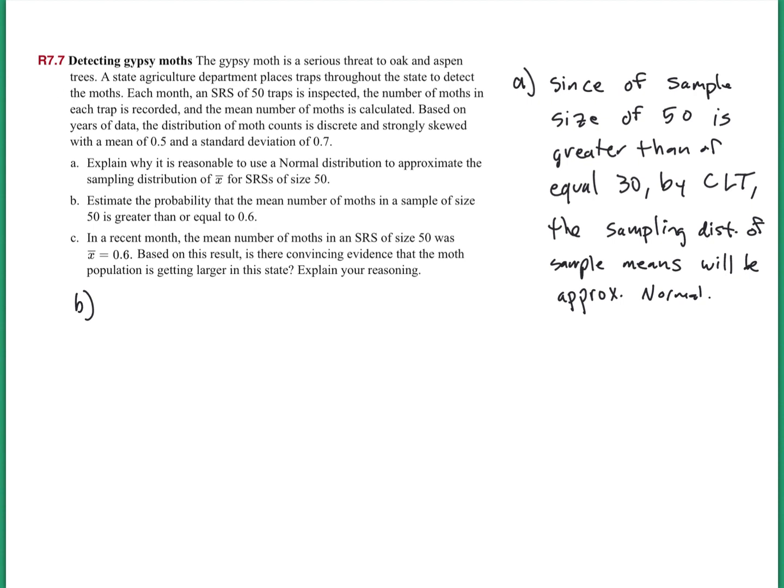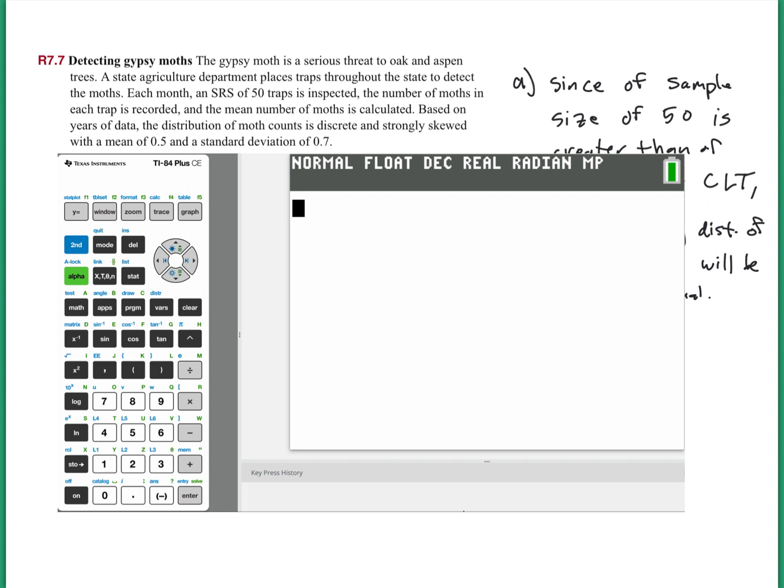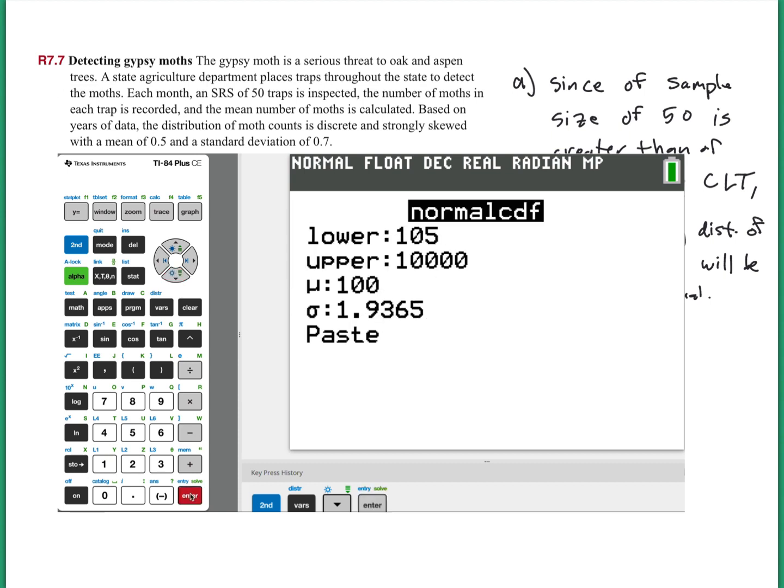I'm going to go right to the calculator, and go right to normal CDF. The only thing we need to calculate is the standard deviation. We want to know the probability it's greater than 0.6, so we'll just leave the upper like that.